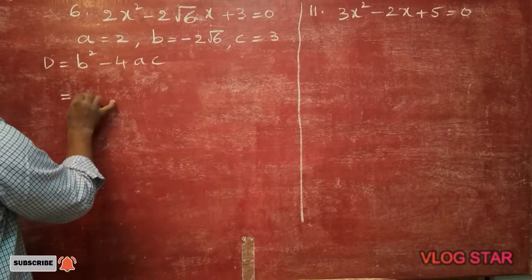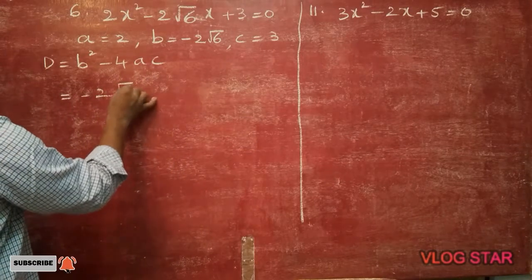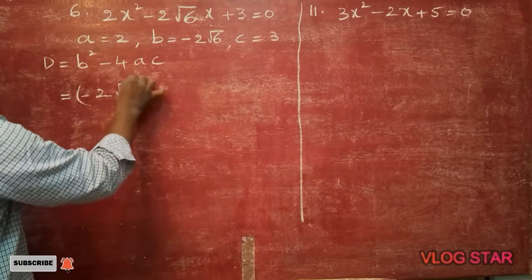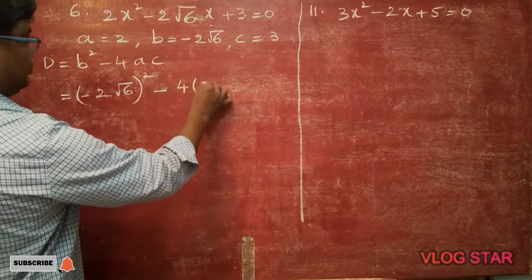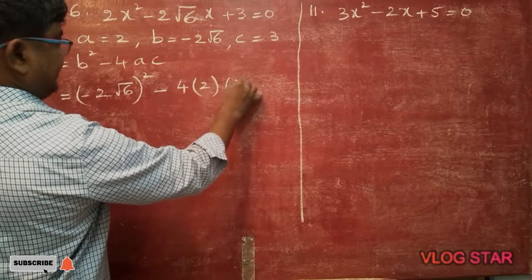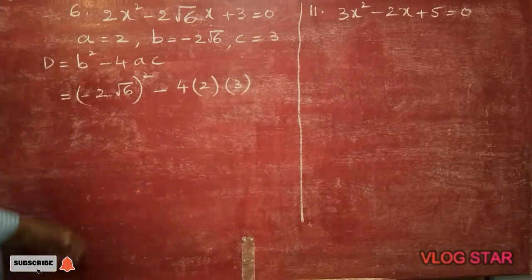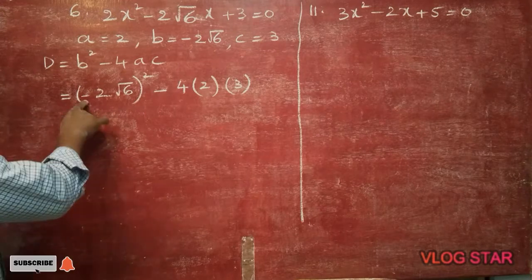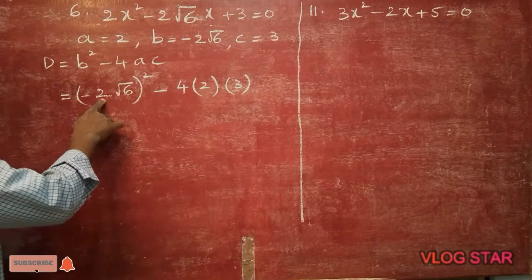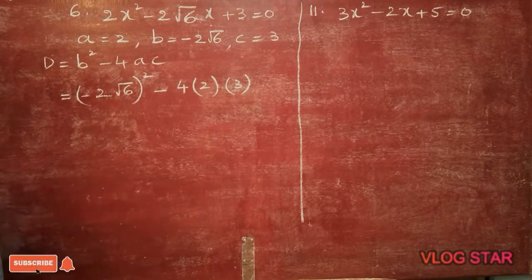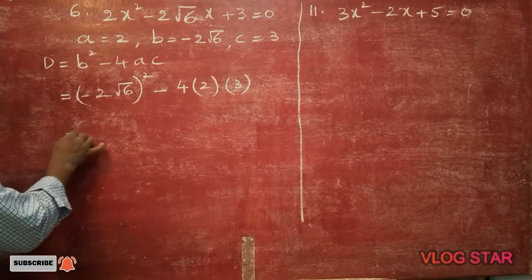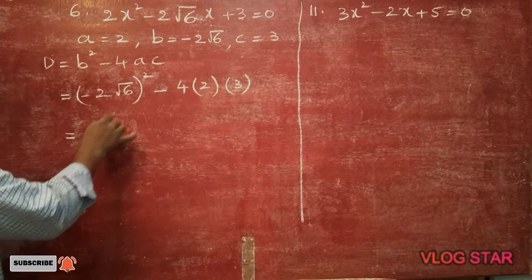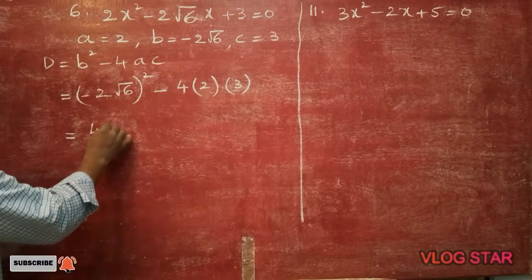B square means minus 2 root 6 whole square, minus 4 into 2 into 3. Be careful. The square is for sign, number, real number and irrational number. So minus into minus plus, 2 2s are 4, root 6 into root 6 is 6.